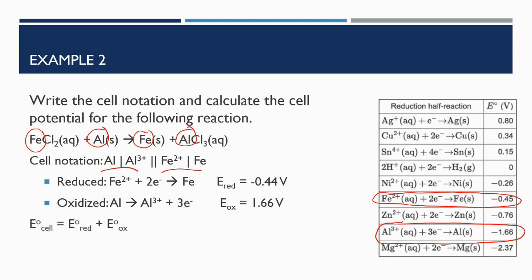So overall in this reaction, if we add up these two cell potentials, we end up with a positive value of 1.22 volts, meaning this reaction overall is spontaneous. So when we want to determine what substance is oxidized and what substance is reduced in a reaction, we simply look at which substance needs to be oxidized in order that the reduction and oxidized reactions added together will give us a positive voltage.